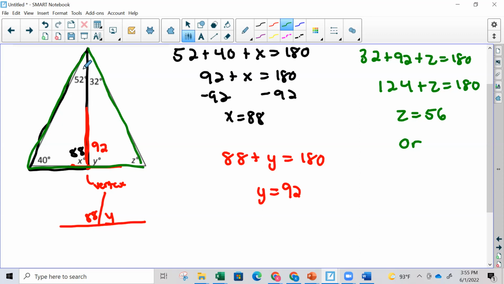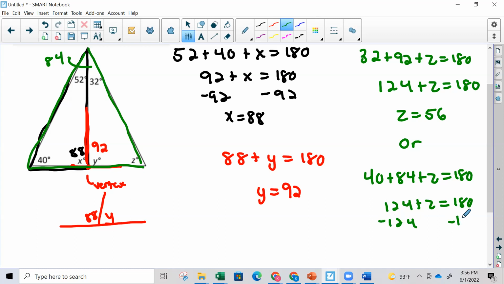Those angles are 40, and then these two angles together, 52 plus 32, so this entire angle is 84. So 40 plus 84 plus z equals 180. 40 plus 84 is 124, plus z equals 180. If we subtract 124 from both sides, we get z equals 56. And then if you knew that first, you could use it to find y using the other triangle.